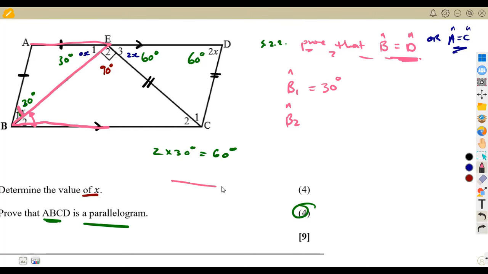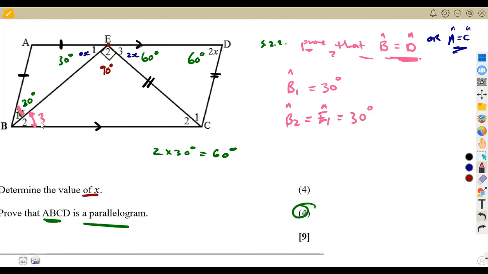They create a Z, right? This angle is equal. So meaning to say, angle E1 and angle B2 are equal. So if angle E1 is equal to angle B2, it means this is equal to 30 degrees, because remember, E1 is equal to X. So this is equal to 30 degrees.